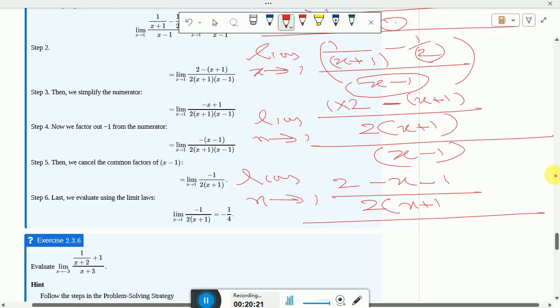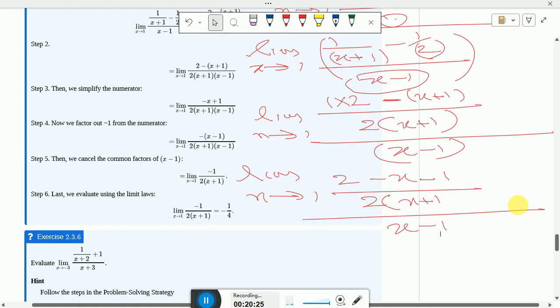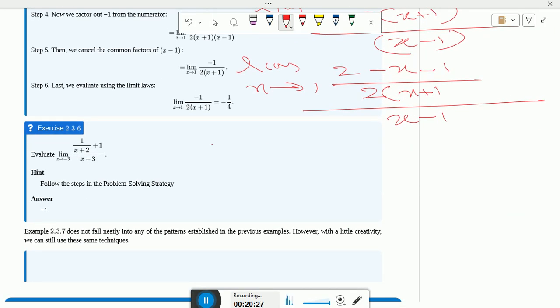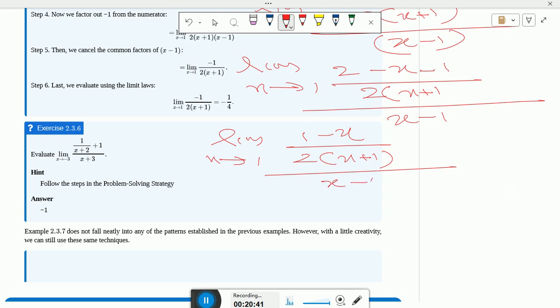All together we can divide it by x minus 1, right? So now for the top element we can say limit x approaches 1, 2 minus 1, 1, 1 minus x over 2 into x plus 1, then we can divide it by x minus 1.